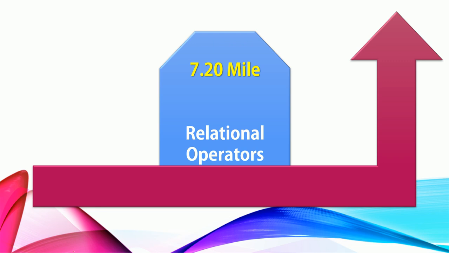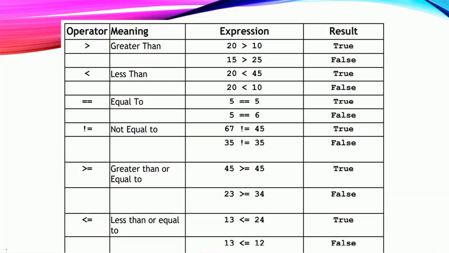Now relational operators, let's see what the relational operator is and how it works. In the relational operator we are just calculating whether one value is greater than or less than another, like that. This operator we already know, less than, greater than. In the relational operator the result is always boolean.